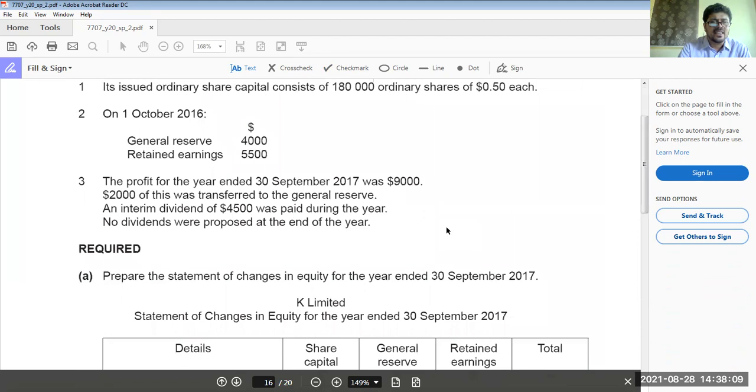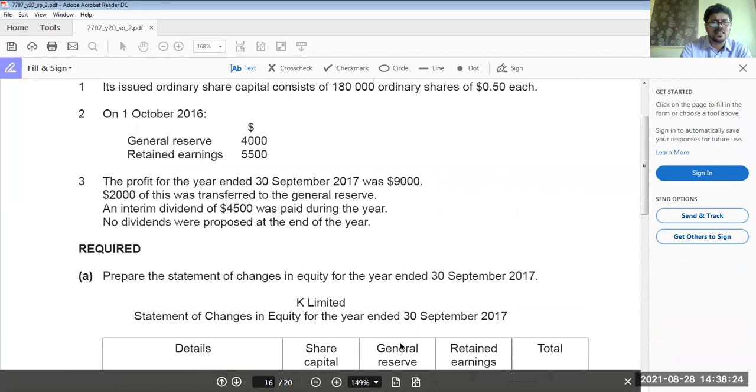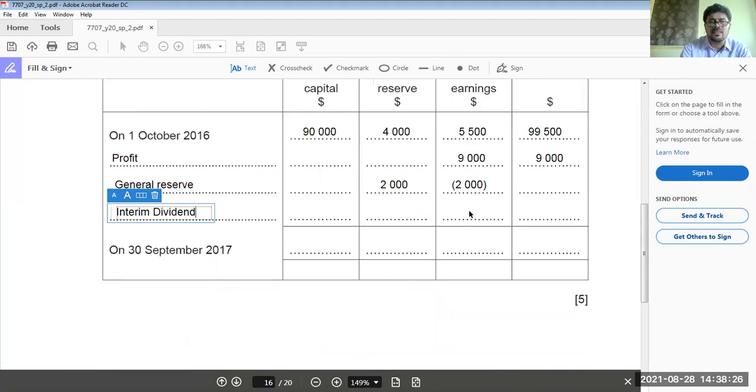Then interim dividend 4,500 paid during the year. Okay, interim dividend is going to be reduced from retained earnings, 4,500.